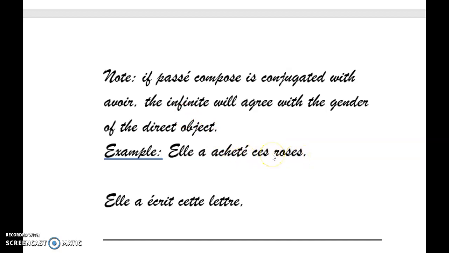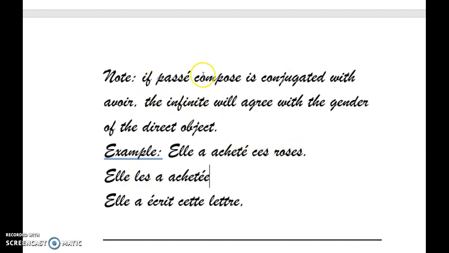We will write elle, and we will write les, because ses roses is plural. And we will write the rest of the sentence, which is a acheté. But since ses roses is feminine, we need to add an extra e, because acheté should agree with the gender of ses roses, which we have substituted with les.